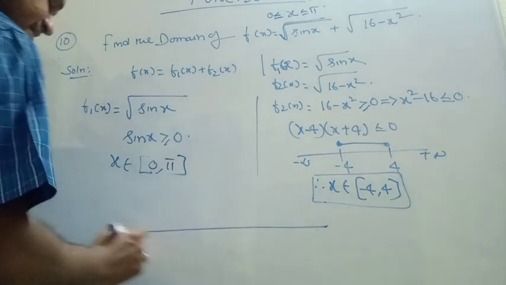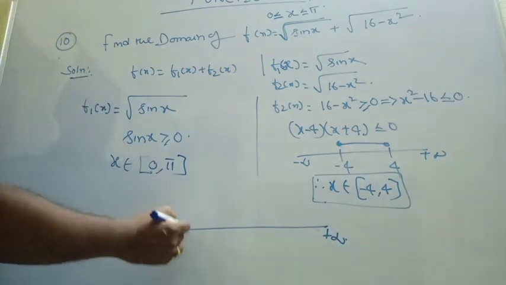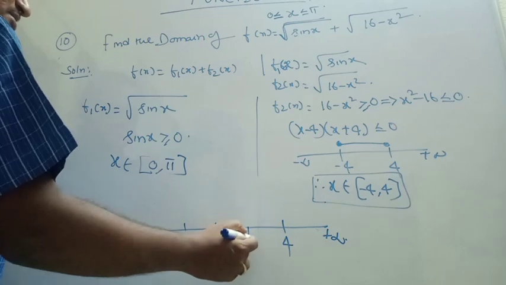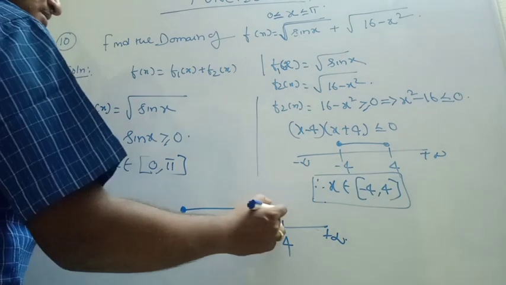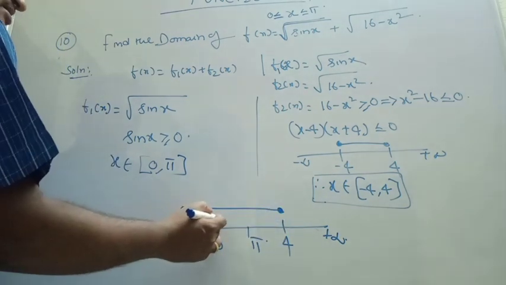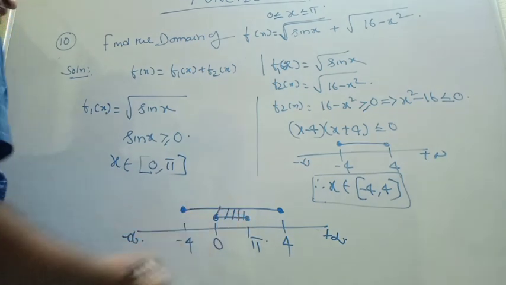This is the real number line we have here, minus infinity to plus infinity. Here we have minus 4 and this is 4. This is 0, this is pi. Minus 4 to 4, and 0 to pi. Now the common solution is this part, 0 to pi.